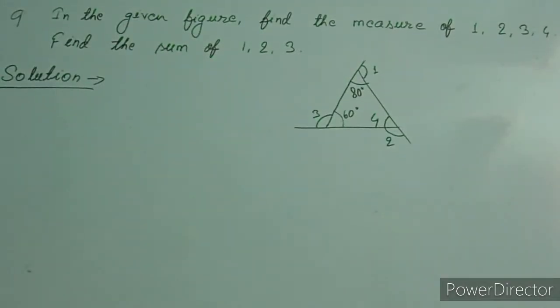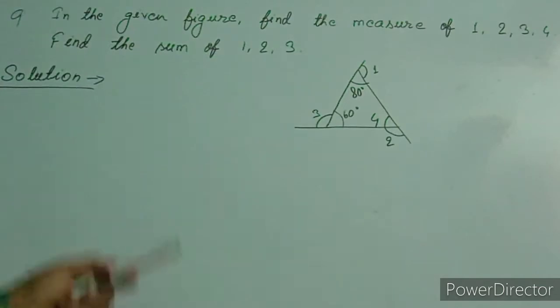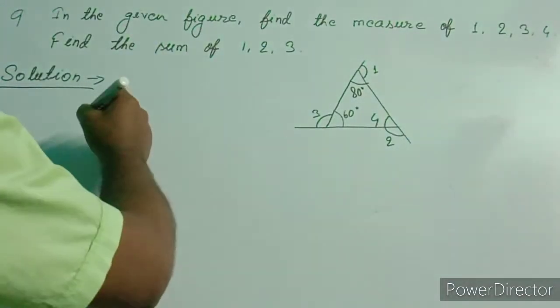In this given figure, we are asked to find out angles 1, 2, 3, 4. And one more question, find the sum of angles 1, 2, 3. So for that we write the solution.